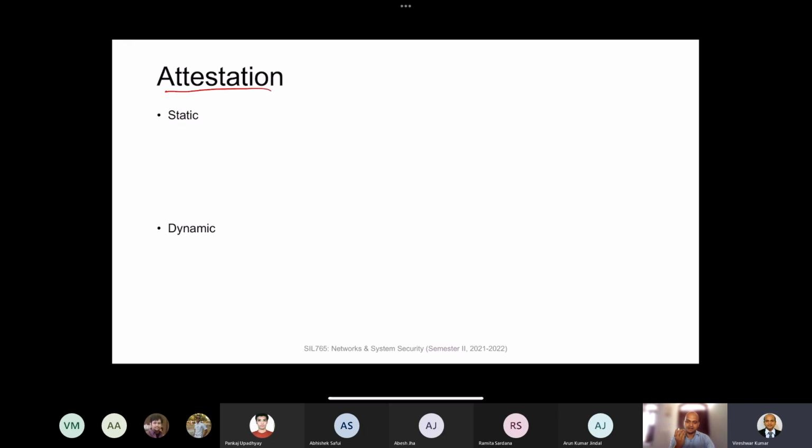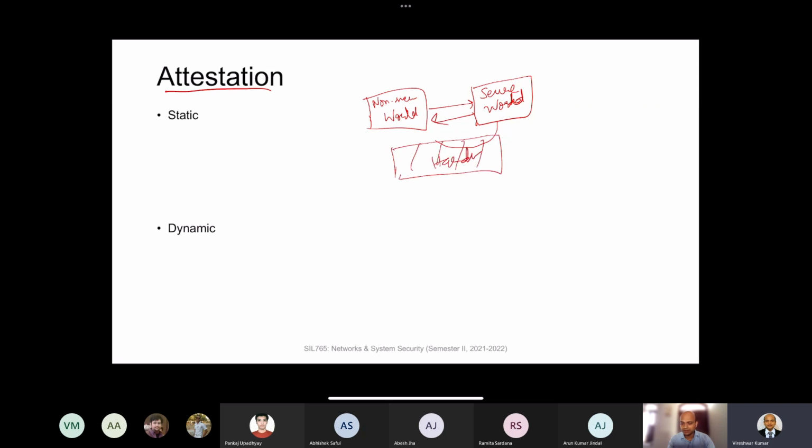From the non-secure world, you could call some functions, some operation will run in the secure world, and the results will be sent back to the non-secure world. The secure world also has access to all the hardware, which means it has access to all the memory that is there.